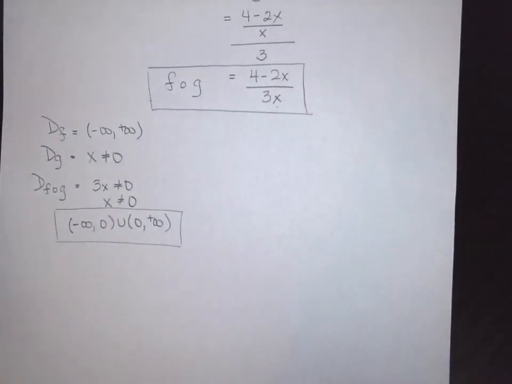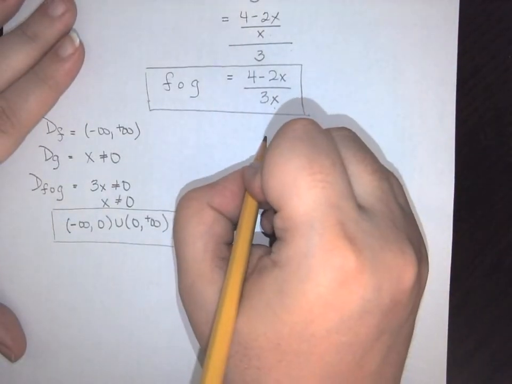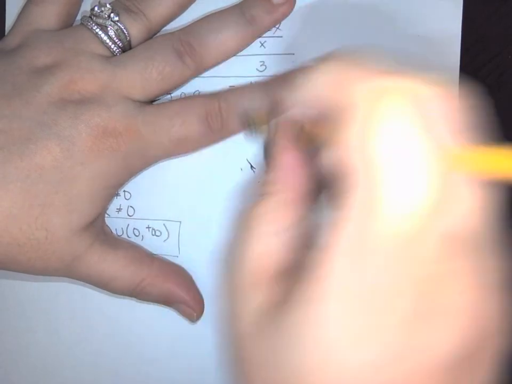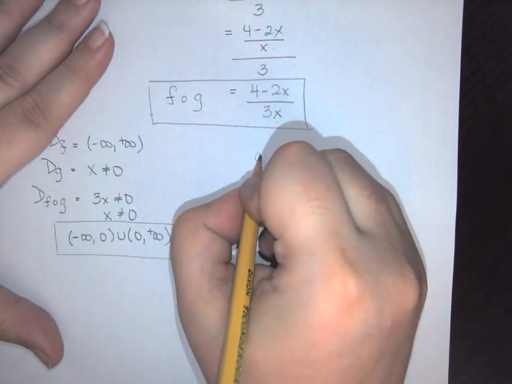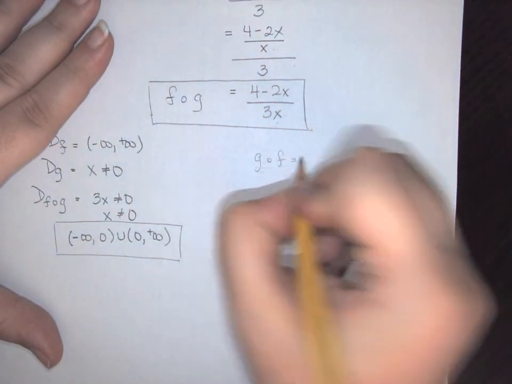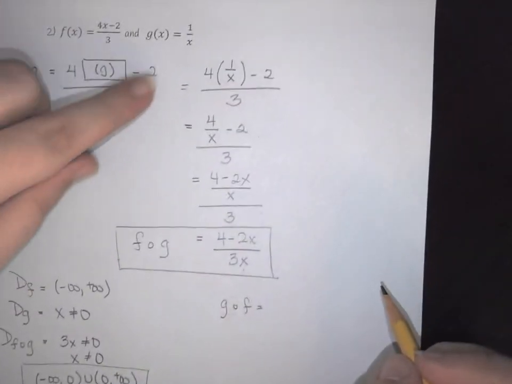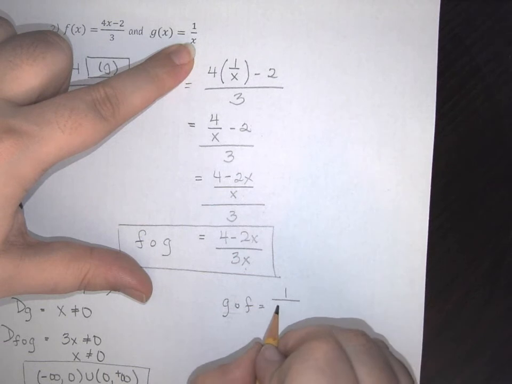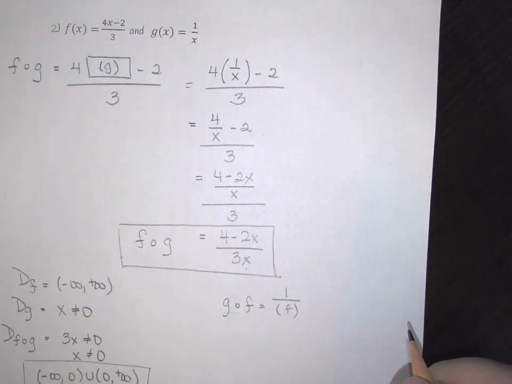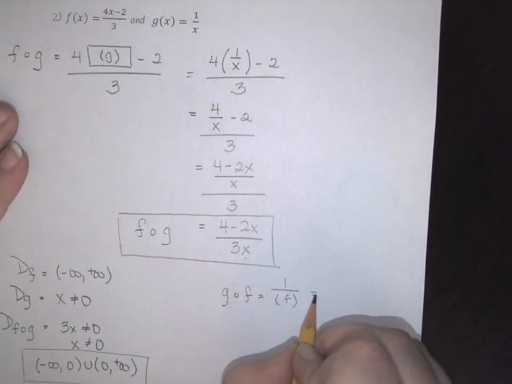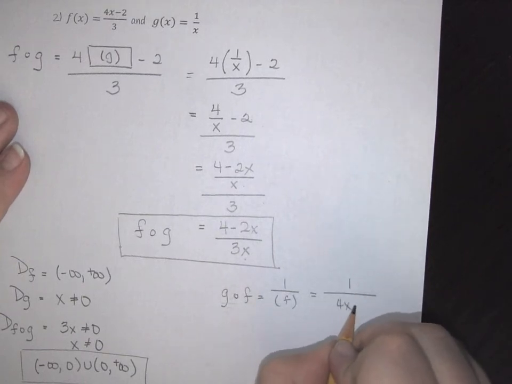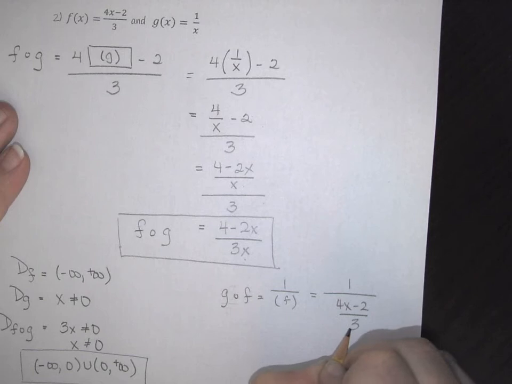Now the other piece that we can do is we can look at g of f. So in this case, when we look at g, this is going to be 1 over, and this is going to be my f down in the bottom. So here this becomes 1 over 4x minus 2 divided by 3.